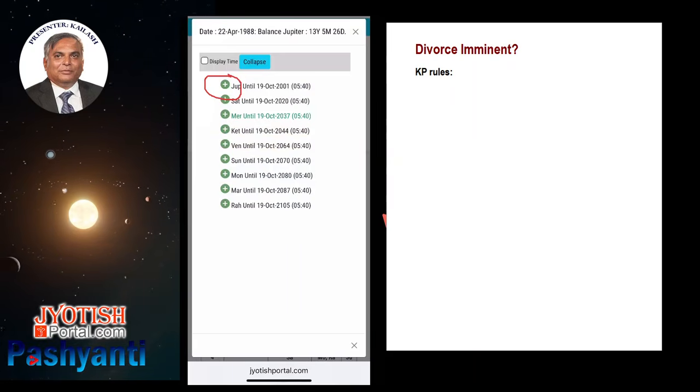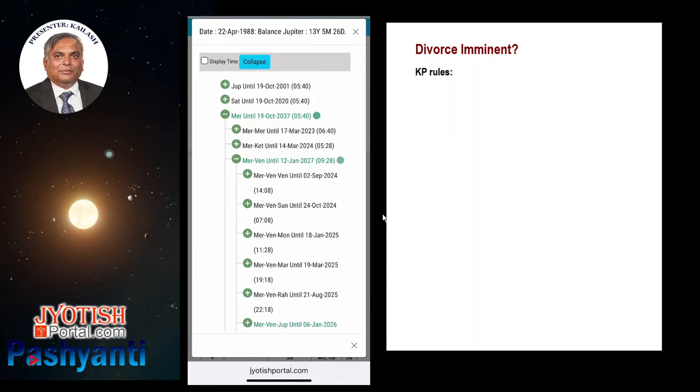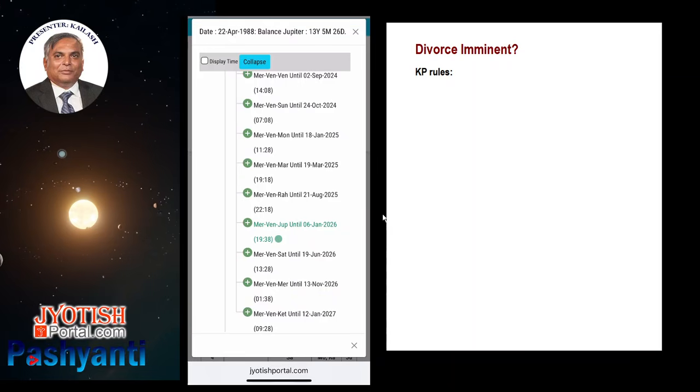Now you see that blinking arrow over there, the blinking icon. So that's Mercury Dasha, right? And if you expand Mercury, then you find that Mercury-Venus is the period which is until 12th of January 2027. Now if you expand it further, then you find that currently this gentleman is in Mercury, Venus, Mars.